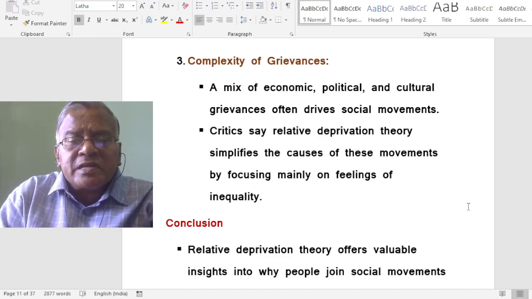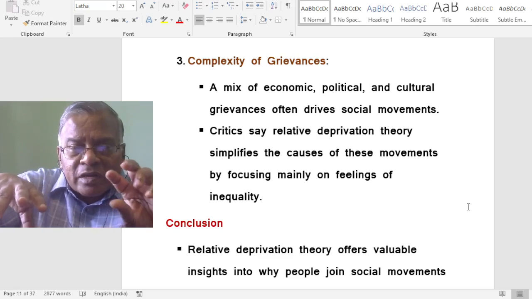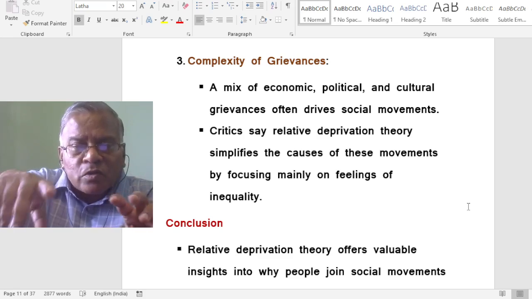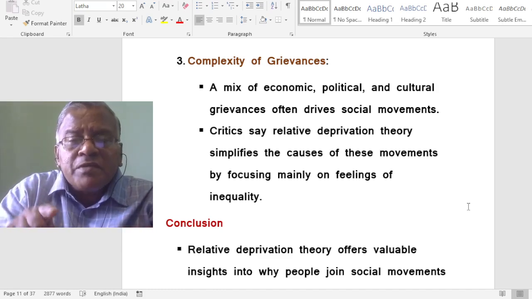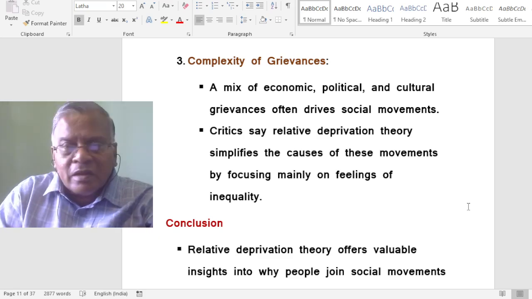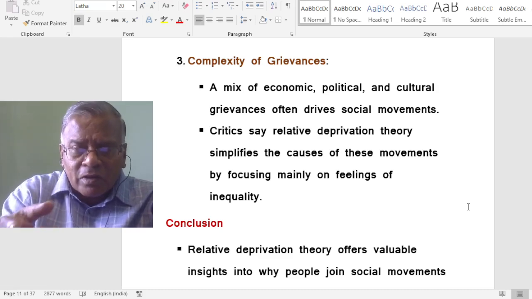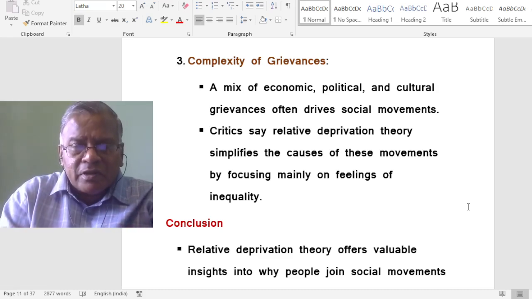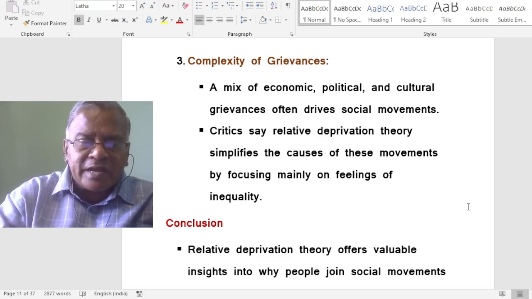Relative deprivation theory simplifies the causes of these movements without giving adequate credit to all these factors. That is called complexity of grievances, and that is why it is criticized. They always talk about feelings of inequality.